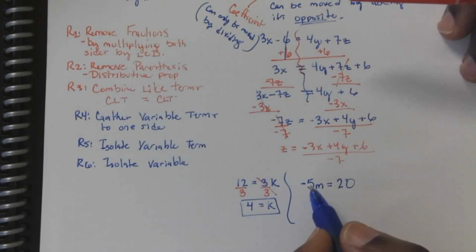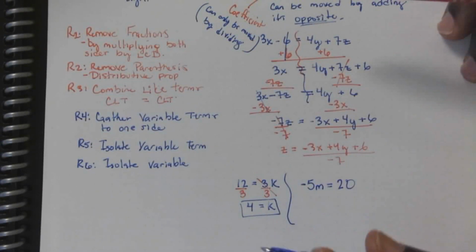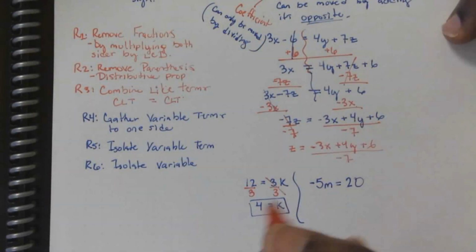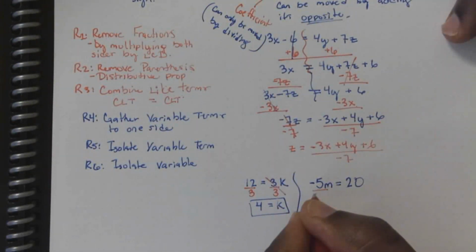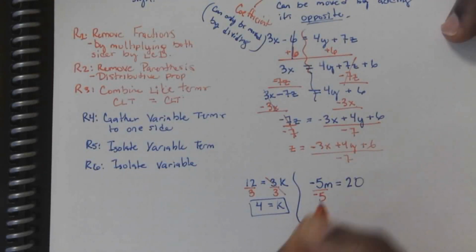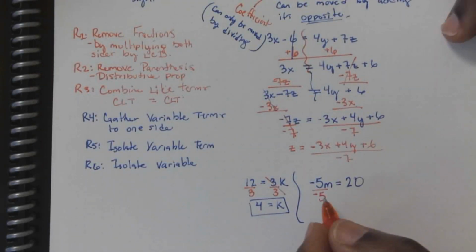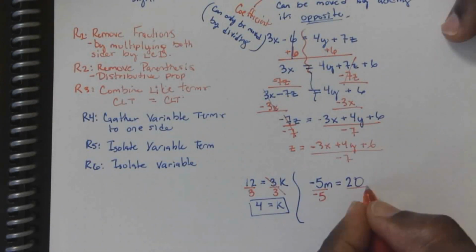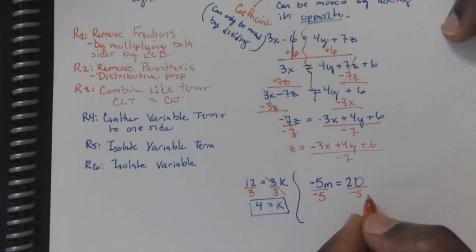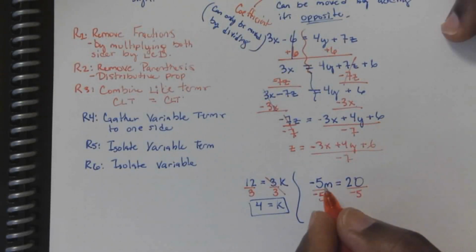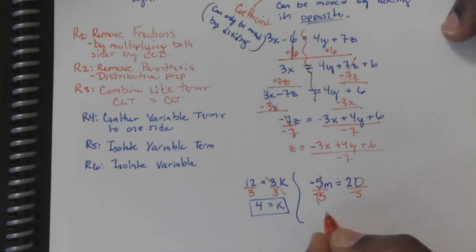But it says isolate the variable. Who is the variable? Who we need to move? -5 is a what? How do you move a coefficient? So you divide by what? When you divide, you keep the same sign. You divide by negative. You divide by what you see. The property of equality says that whatever I do to one side, I got to do to the other side.